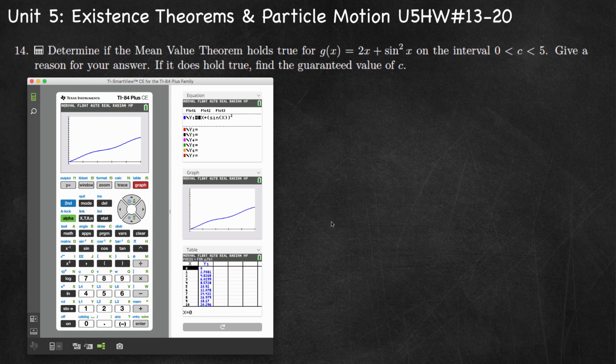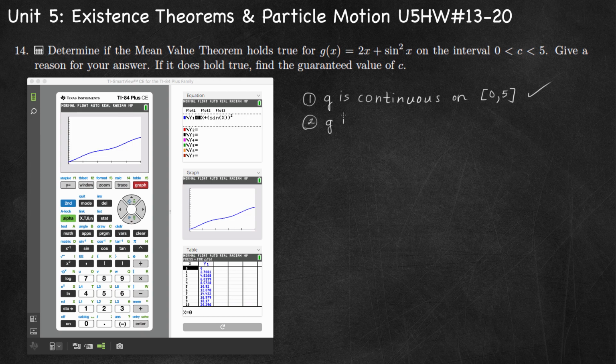Looking at the graph, I can see that it's smooth all the way from 0 to 5. There are no places where this function is not differentiable. So it is differentiable on our interval from 0 to 5. So the first condition we check, g is continuous on the closed interval 0 to 5.